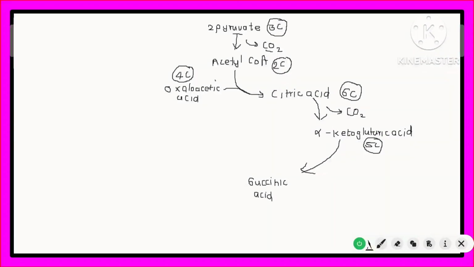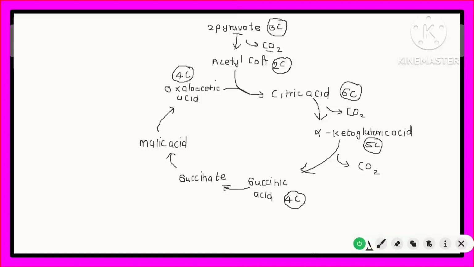From five carbon alpha ketoglutaric acid, there is again decarboxylation, so it is now a four carbon compound. Succinic acid will form succinate, and this succinate will form malic acid, and this malic acid will again form oxaloacetic acid.